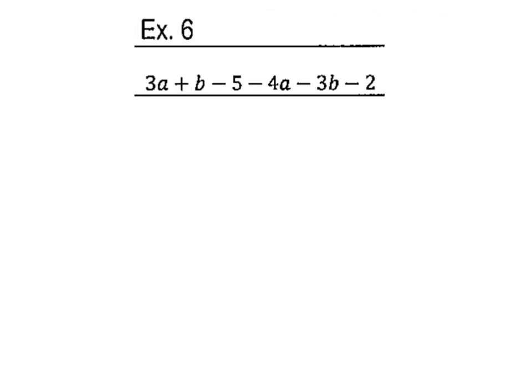And let's talk about example 6, where we're going to be combining like terms. We're going to be combining backpacks. I would happily let you use colors if you want. So if you want to circle all the a's, or maybe you want to do a zigzag line.